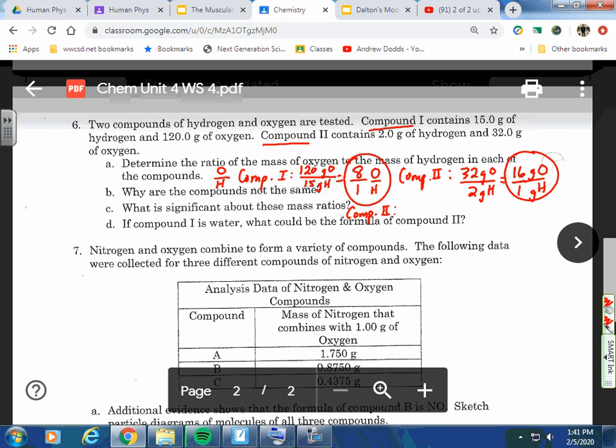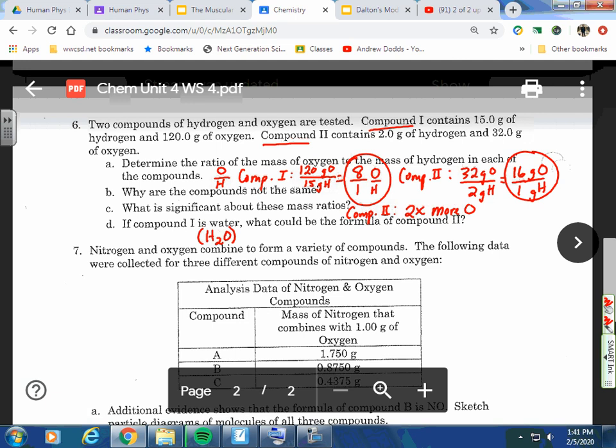And if we look at these ratios with hydrogen on the bottom being 1 in both of them, really the thing that's doubling is oxygen. So 2 times more oxygen in compound 2. So if compound 1 is water, which is H2O, what could be the formula for compound 2?